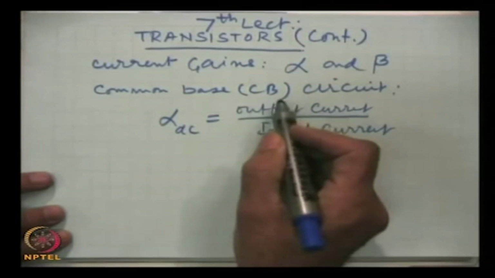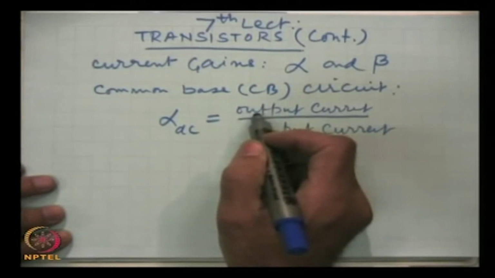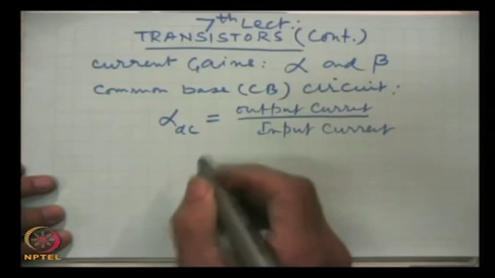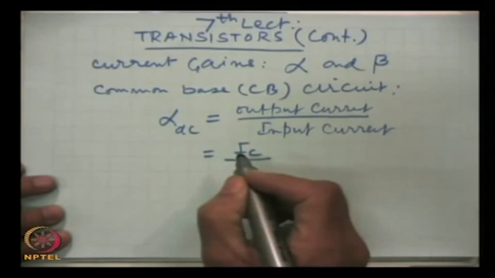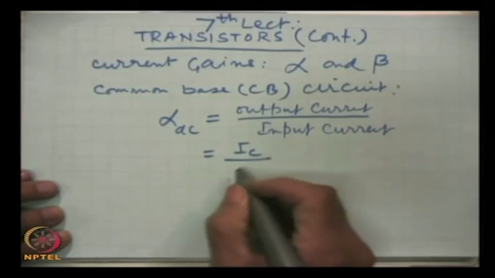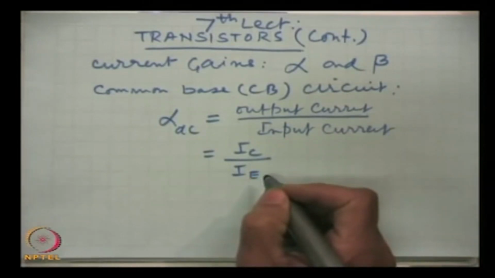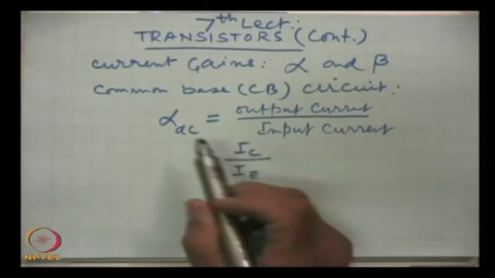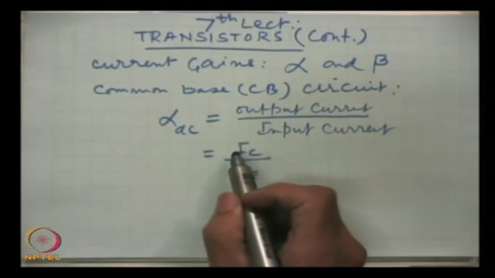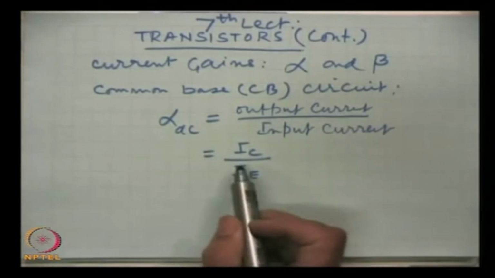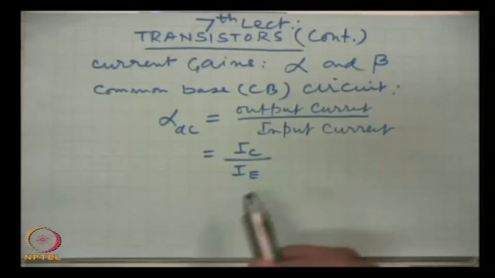In the common base circuit, you will recall that the output current is collector current and input current is the emitter current. So, always remember that the current gain alpha is for common base circuit and we define it as the ratio of collector current to emitter current.